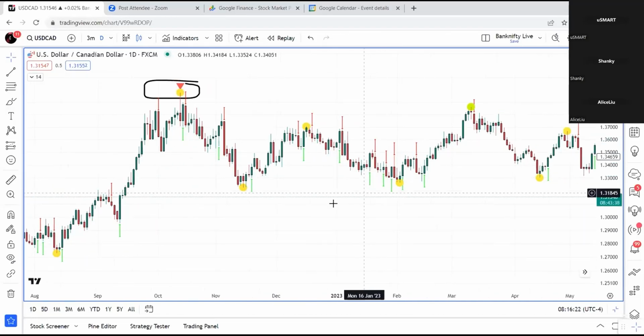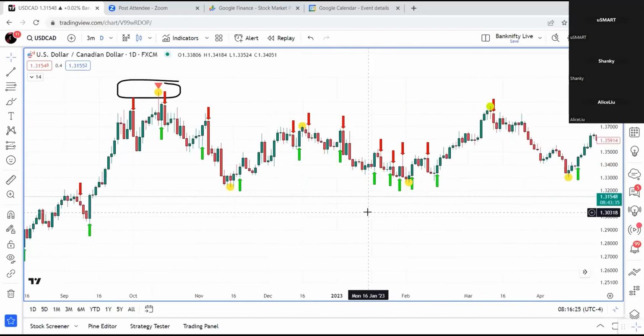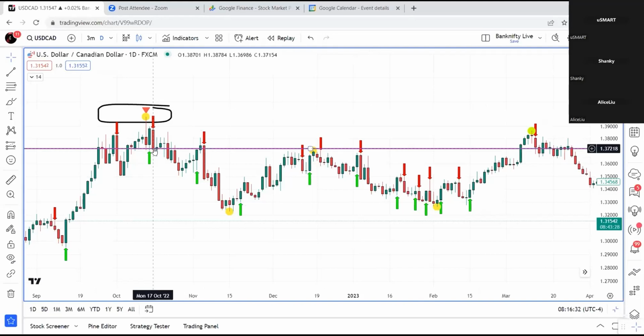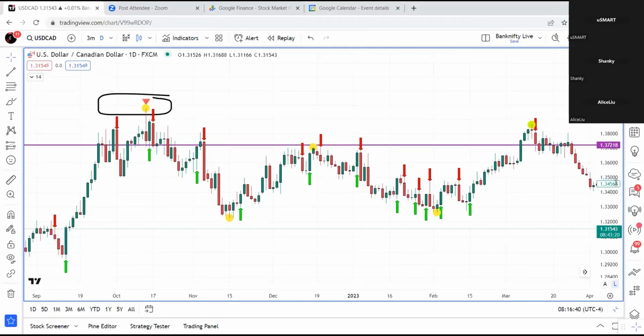Put 1 day time frame. Then, this red one that came is our entry point. 1.37218 is our entry point approximately.